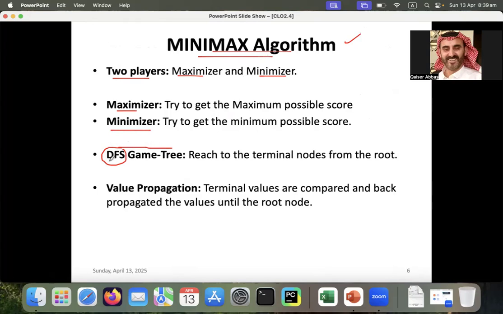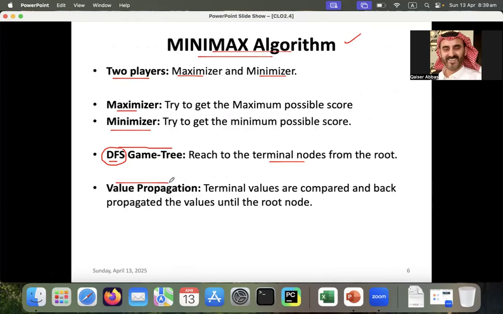By using this depth first search, we will build a game tree from the root node up to the terminal nodes. When you reach the terminal nodes, you will calculate the value for that terminal node, and then propagate that value back up the game tree to the root to get the final value of the game.